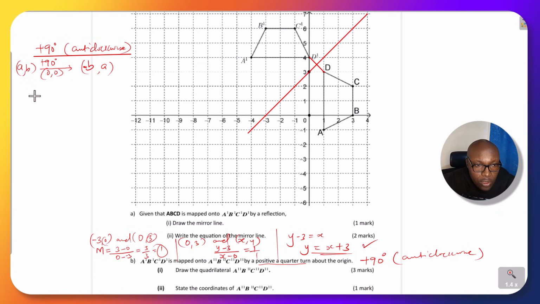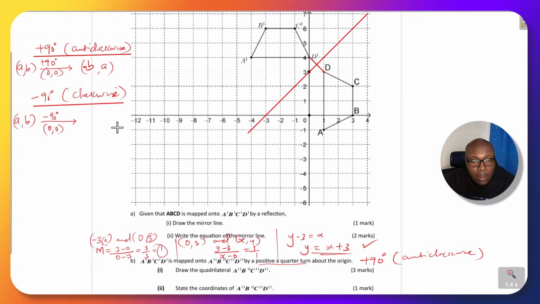What about for negative 90? Because you can also find these. For negative 90, you should know the direction of rotation here is a clockwise direction when you're measuring the angle. So given a point, let's say AB, that undergoes a negative quarter turn, which is negative 90, about the origin, the center of rotation.